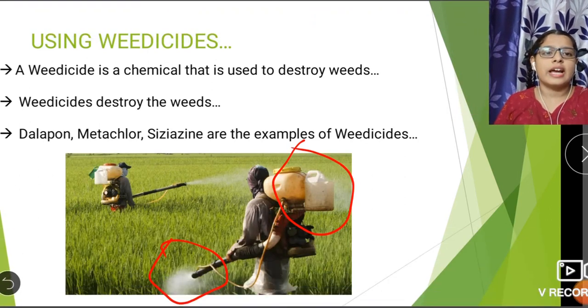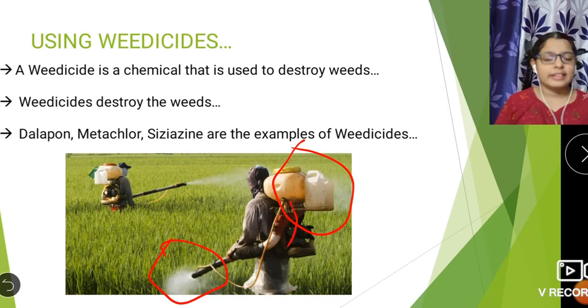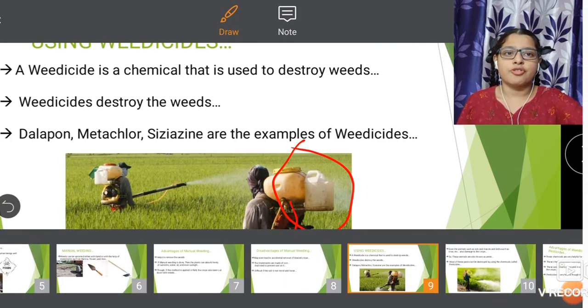It is connected to a pipeline, and this pipeline releases some chemical substances. Now I'll switch off this drawing option, so I'll come to the next topic.